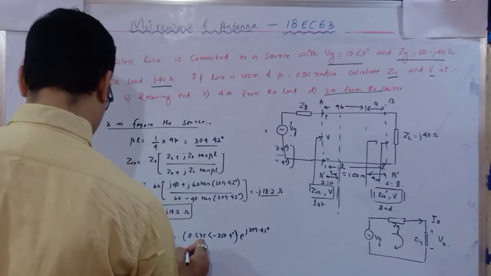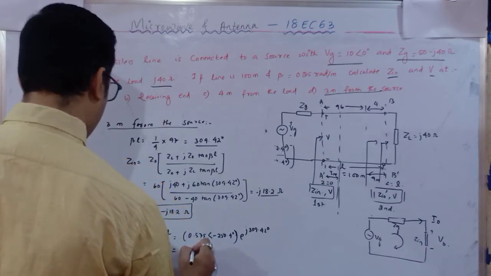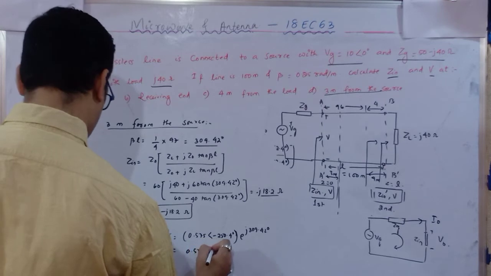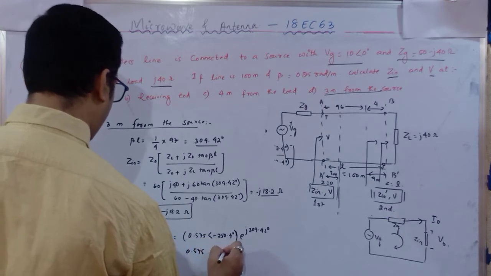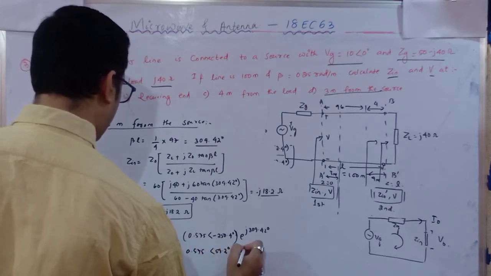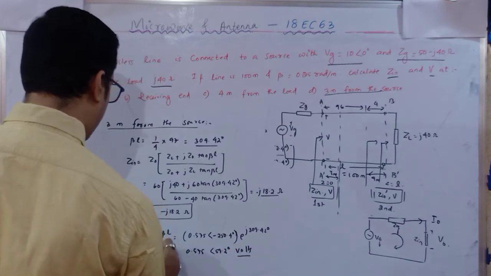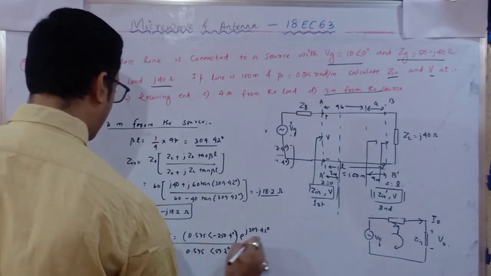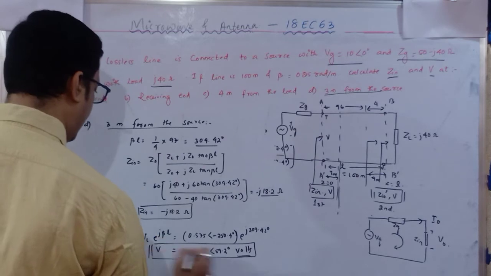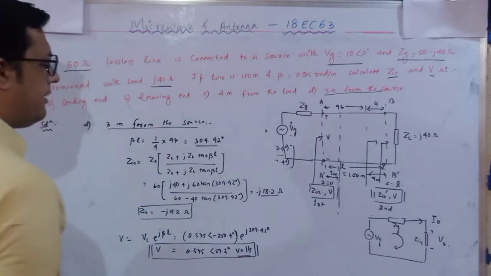If you solve this, you will get 0.575 angle 59.2 degree volt. Always mention the units. If you do not mention the units, they will deduct marks.